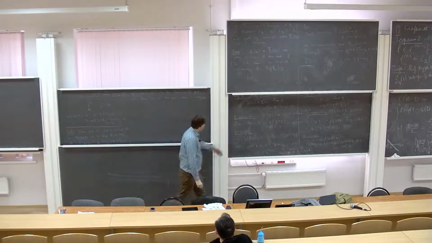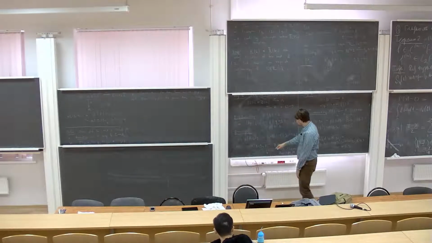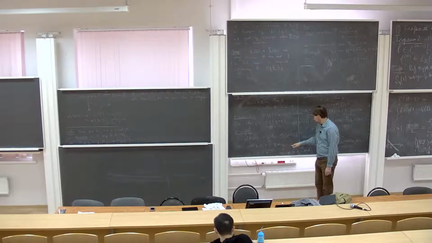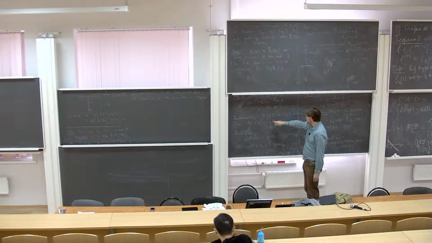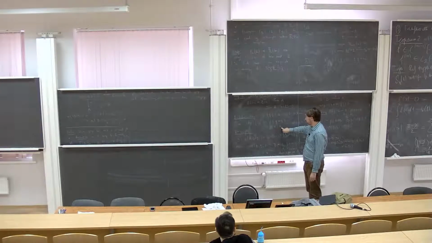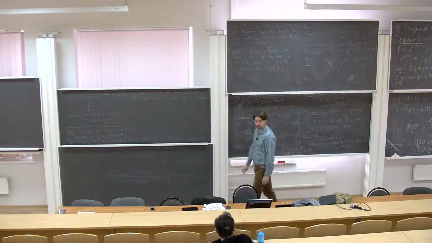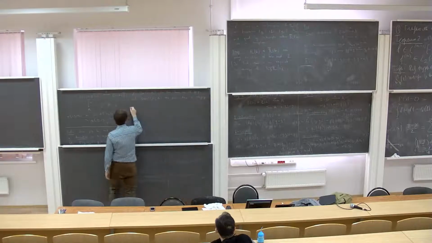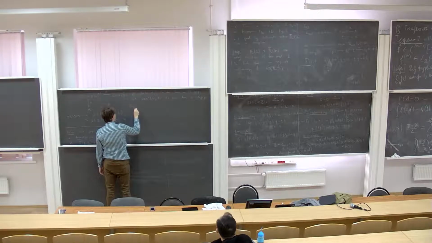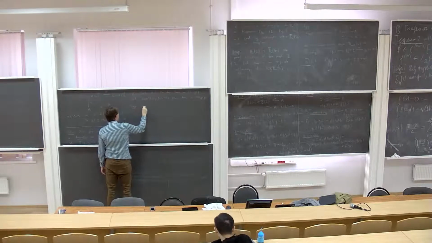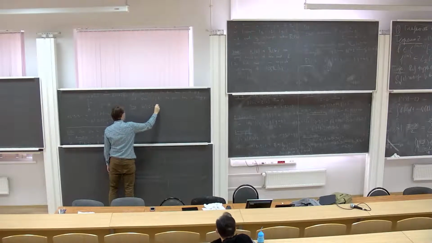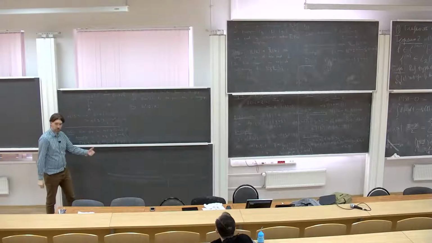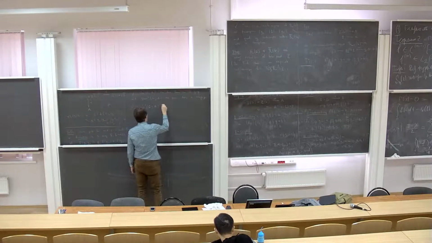And by this calculation, we saw that the one-cocycles were exactly the derivations, and the one-coboundaries were exactly the principal derivations. Okay? So, proposition: H1 of the group with coefficients in A is derivations modulo principal derivations.